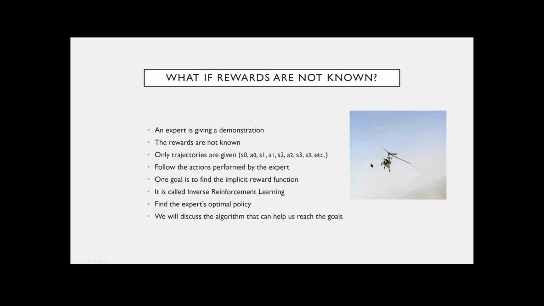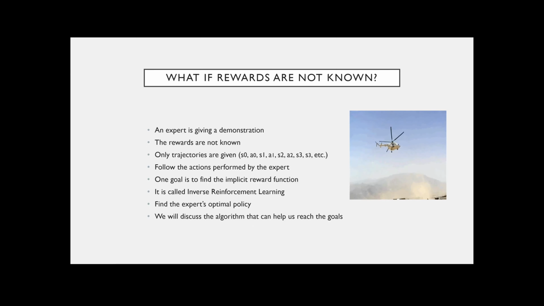In case of helicopter driving, you have an expert pilot that is showing you how to fly a helicopter, but you do not know how the expert is controlling it in his brain, how he is handling the brakes, how he is handling the steering wheel, and all that information you do not know. All you have is a set of trajectories, which is a state action pair, and you're observing the expert doing things right in front of you.